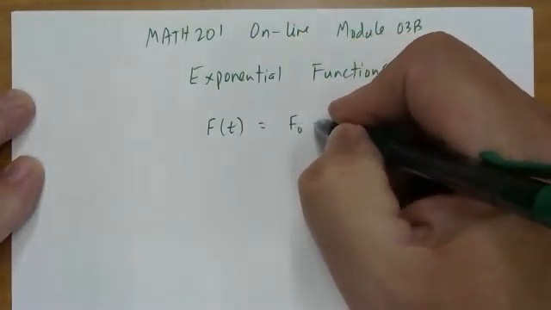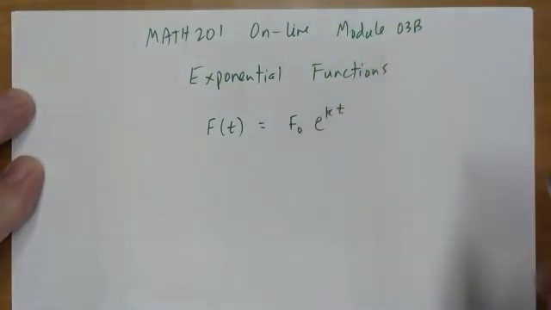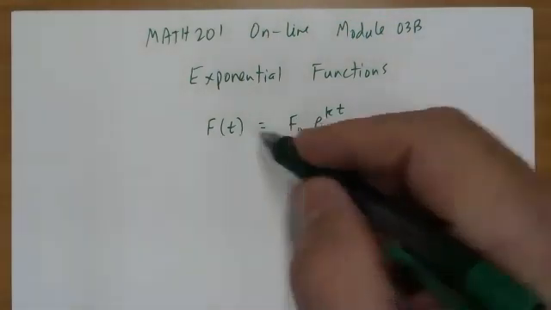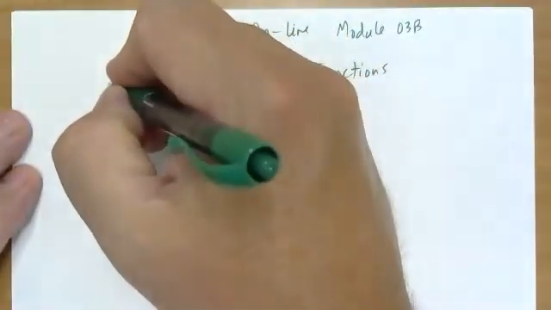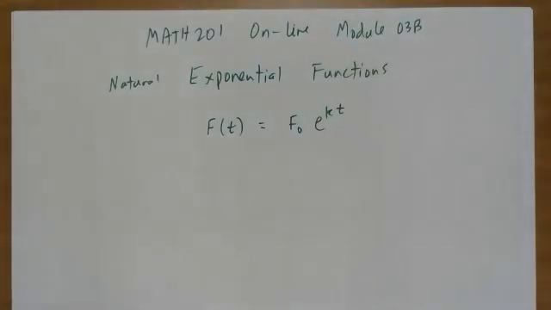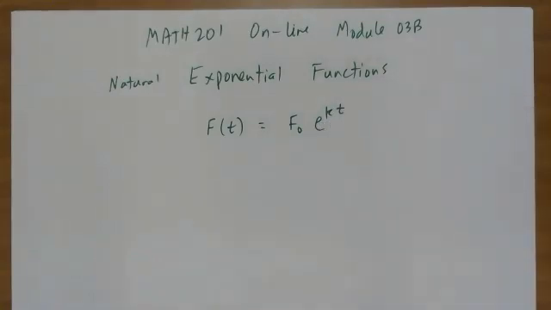Now let me write this out, and then I will explain what it is. This is a basic, we could call this really a natural exponential function, because look at this exponent here, the base is e, right?